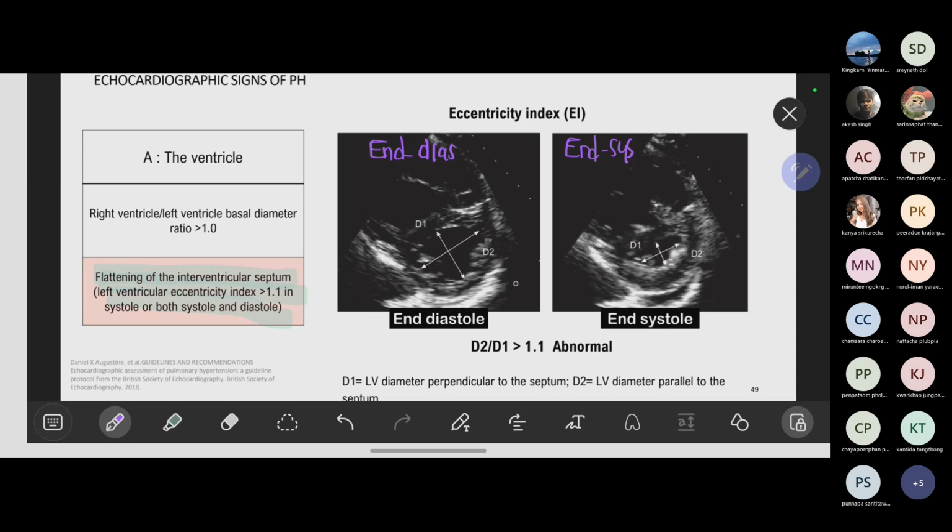Eccentricity is the ratio of D2 by D1. D1 is the LV diameter perpendicular to the interventricular septum, and D2 is the LV diameter parallel to the interventricular septum. So LV eccentricity index more than 1.1 is abnormal.